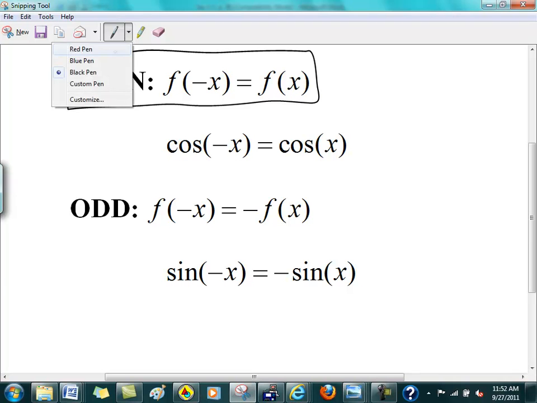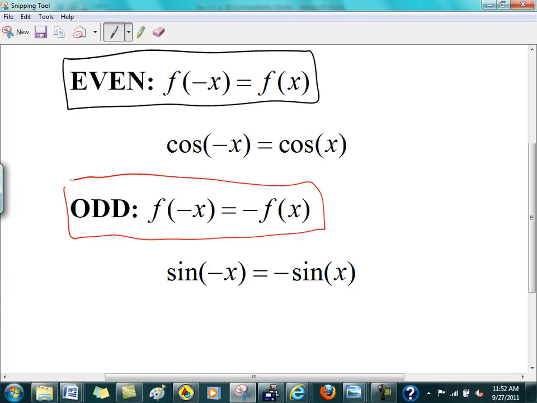And this is the mathematical definition of an odd function. And what I just showed you are the two examples. Okay, cosine is even, sine is odd.